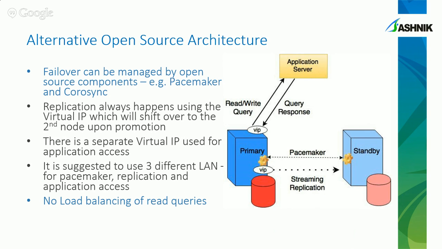And once you are doing a kind of switchover, the virtual IP will shift to the new primary, and that will be used by your new secondary for replication. Application will also interact using a virtual IP, which will move over to the primary. Only challenge here is there is no load balancing again.